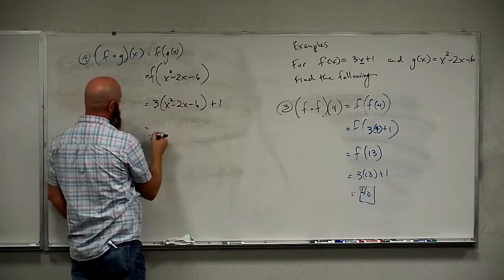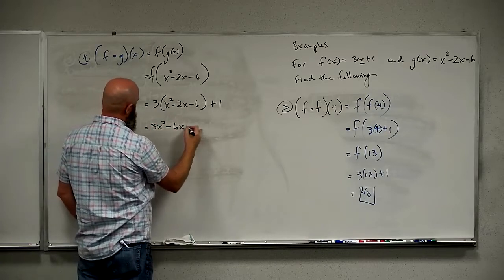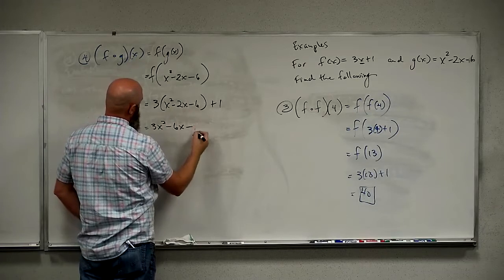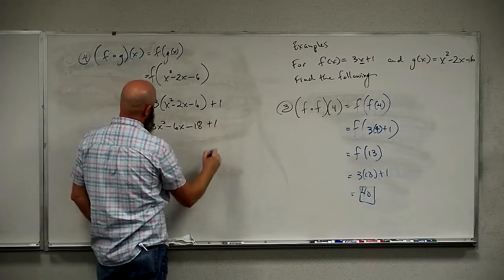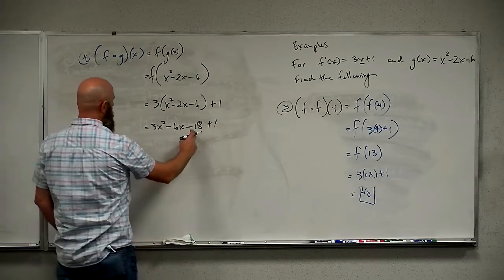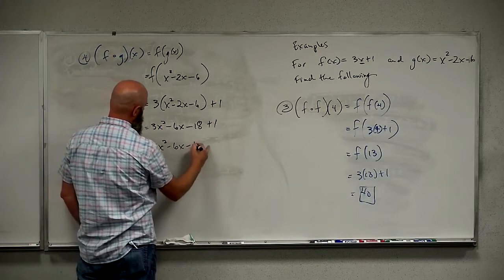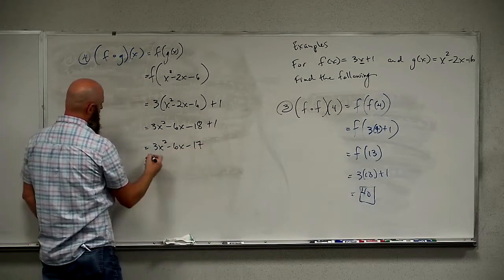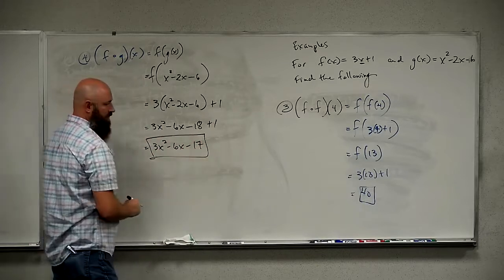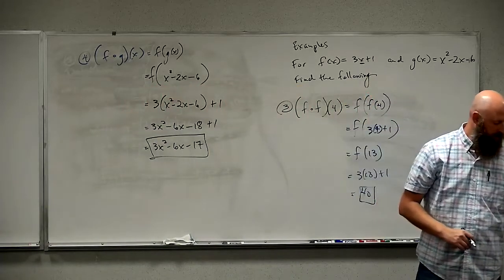So we distribute in, we're going to get 3x squared minus 6x minus 18 plus 1. And then we can combine those here. We get 3x squared minus 6x minus 17. And there's nothing else to do. So that is our results.